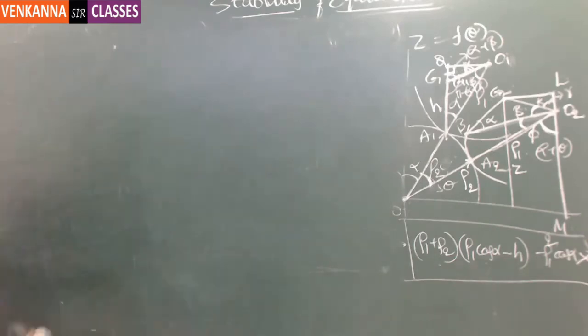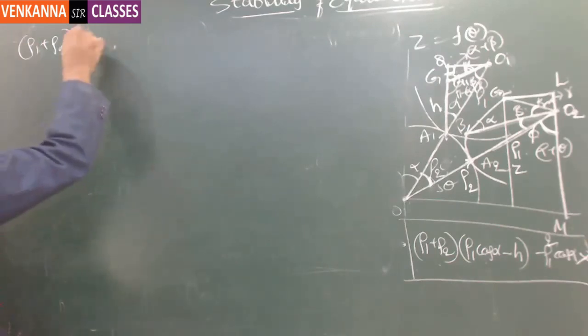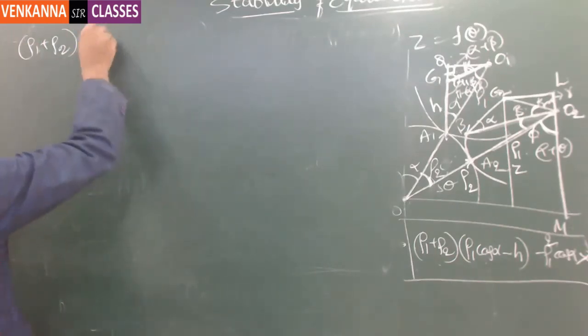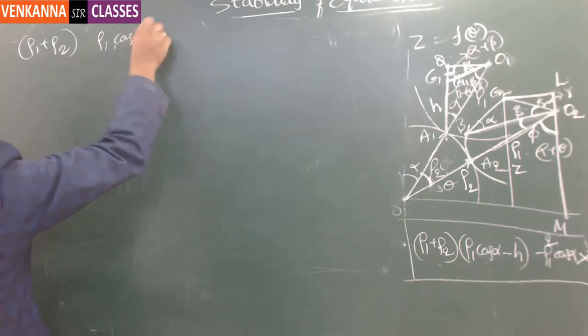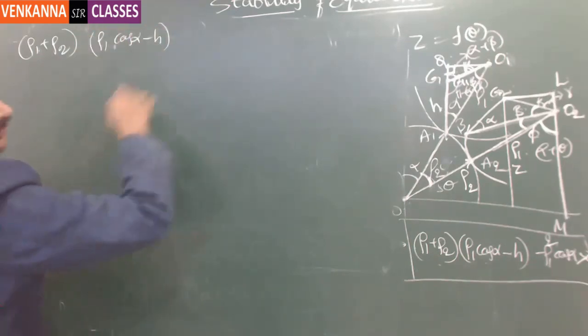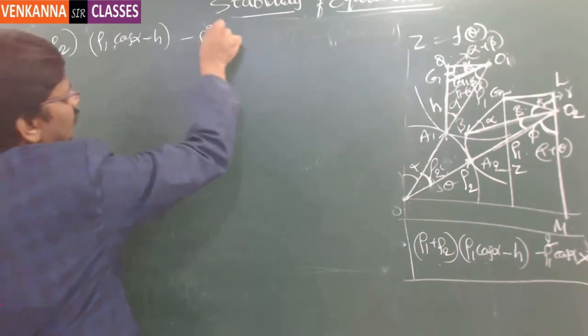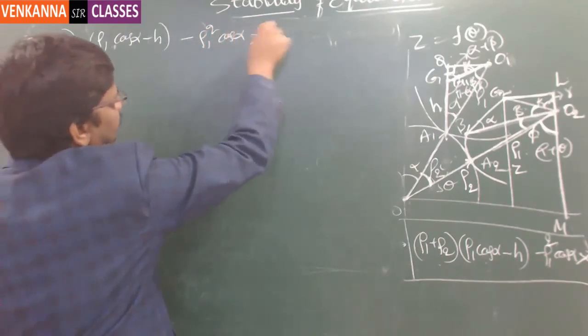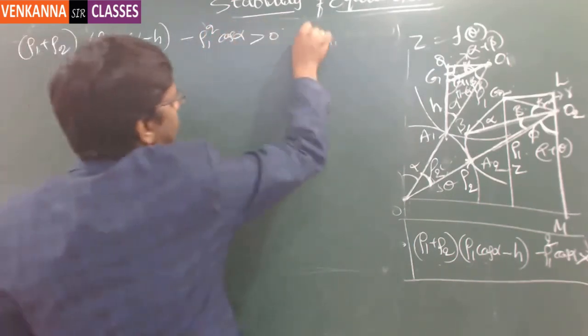So we have got the stability condition as rho 1 plus rho 2 times rho 1 cos alpha minus h, minus rho 1 square cos alpha is greater than 0 is stable.